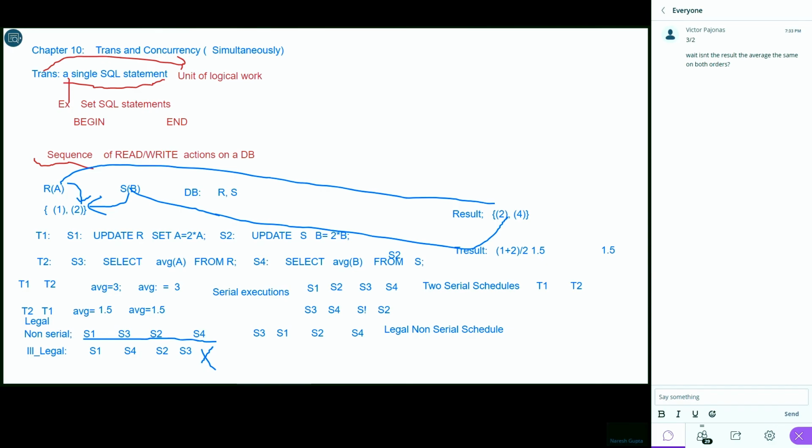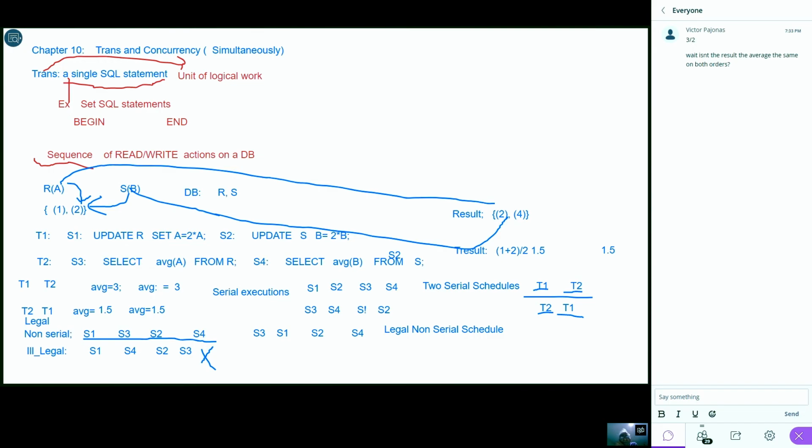Of course, a serial schedule is always legal. Why is a serial schedule always legal? Because first one transaction completes, then the next transaction completes. So there's no interweaving, no interference. So the question of order change is not going to happen at all.